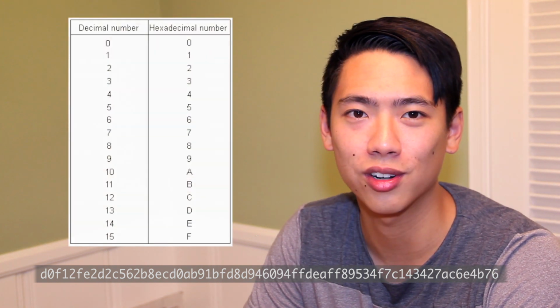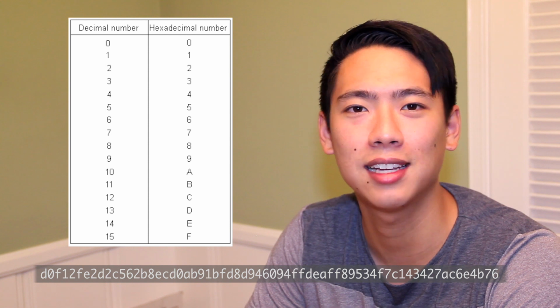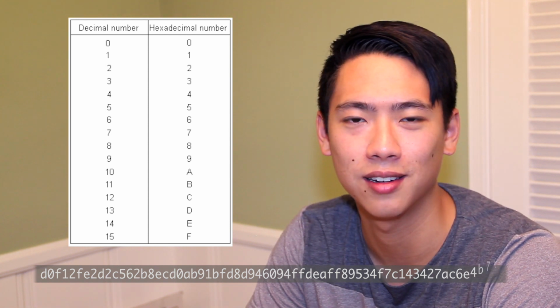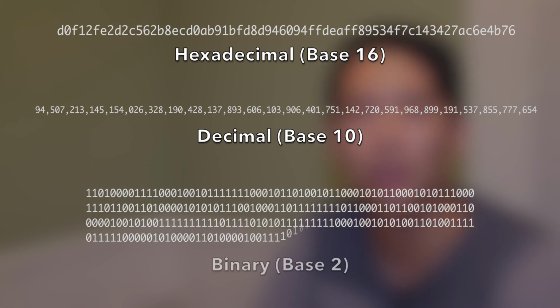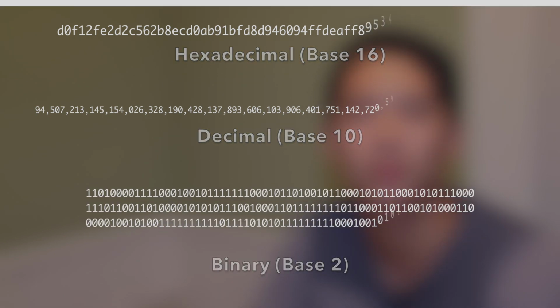Now I know at first glance, these output hashes of a bunch of letters and numbers look really complicated. But they're really just huge numbers that are being represented in hexadecimal, or base 16. Now here's this output number, represented in a way that we're more used to seeing numbers. Or we can look at the hash as a string of 256 bits, which are just ones and zeros.